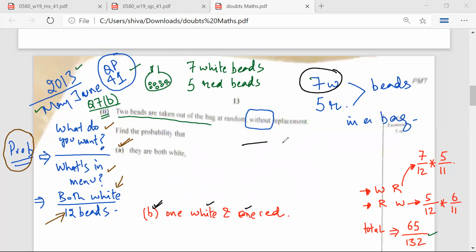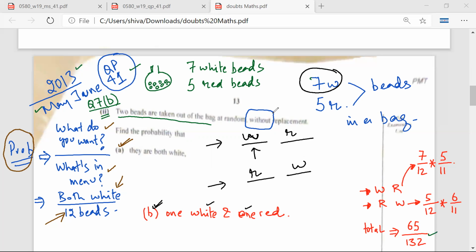I have two terms. This can be white, this can be white, and this can be red. This is one way of looking at it. The second way of looking at it is that this can be red, then this will have to be white. Mr. Rudra, any doubt? No, sir.